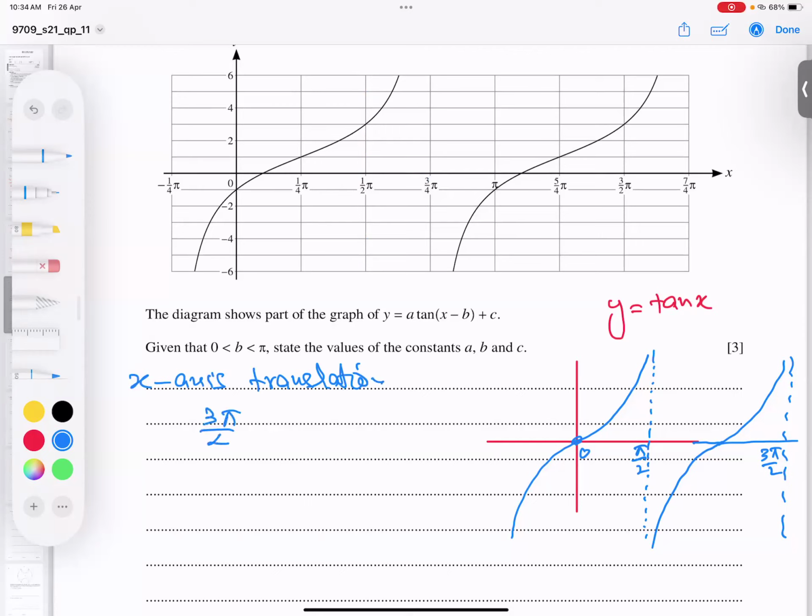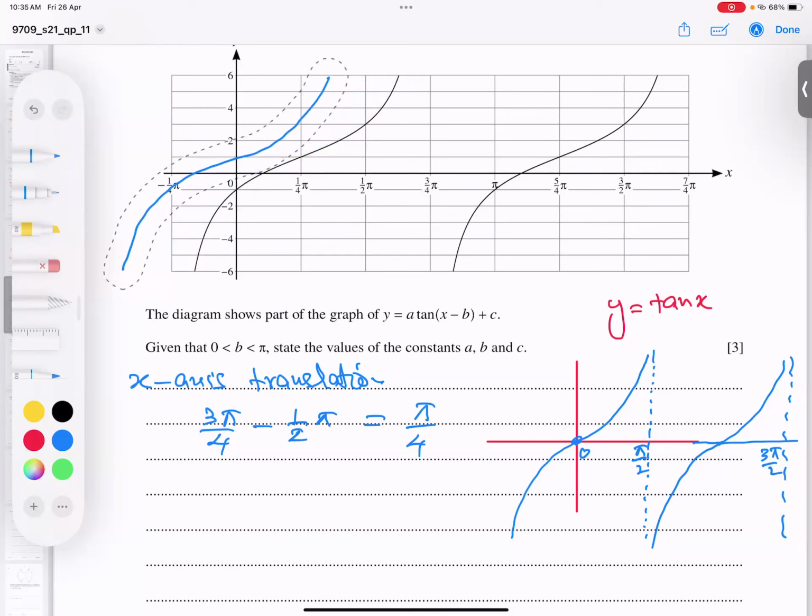So 3 pi by 4 minus 1/2 pi. If you type it in the calculator or get the LCM, it is pi by 4. It means this motion is pi by 4. It means the whole curve moves like this. If you drag it back, it is going here.